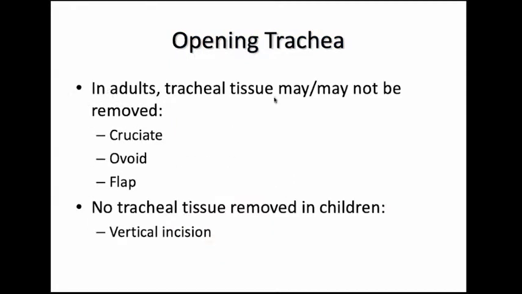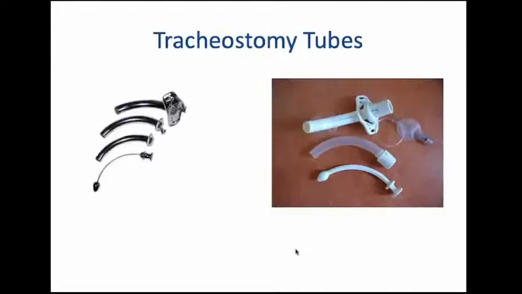In children, we do not remove any of the tracheal tissue, we just make a vertical incision. Why? Because the trachea is still small, and if you remove any tracheal tissue, when you have done away with that tracheostomy, you are going to get healing with stenosis, which is going to be a big problem for that child.